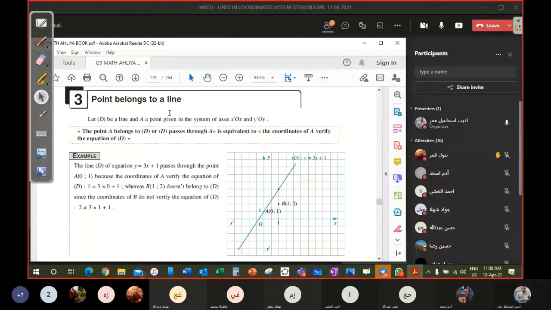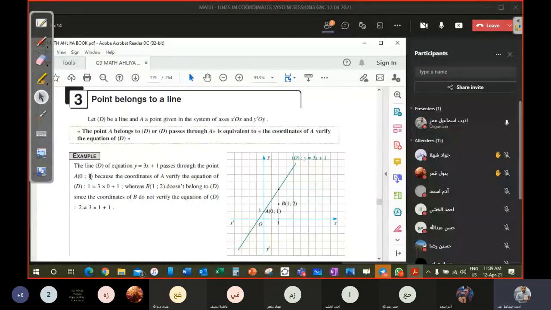How? Example: the line D of equation y equals 3x plus 1 passes through the point A of coordinates abscissa 0 and ordinate 1, because the coordinates of A verify the equation of D. That is, if we substitute instead of y the ordinate of A, and instead of x the abscissa of A, then we get 1 equals 3 times 0 plus 1, that is 1 equals 1.